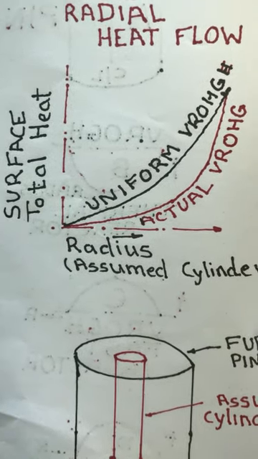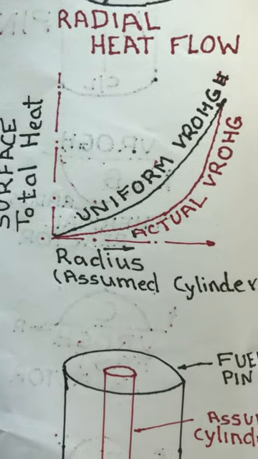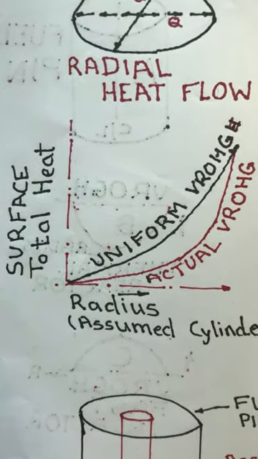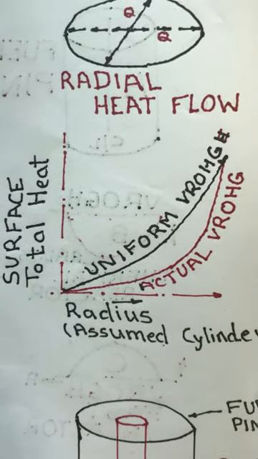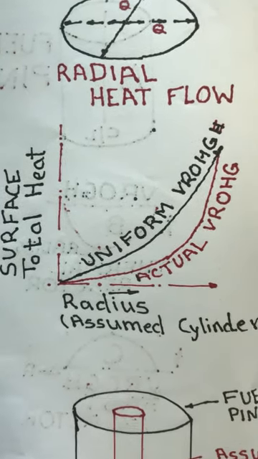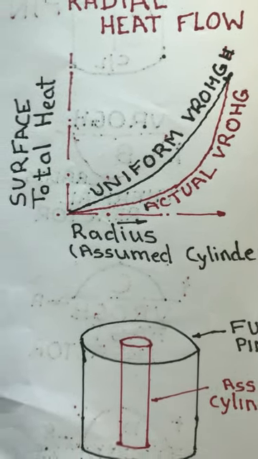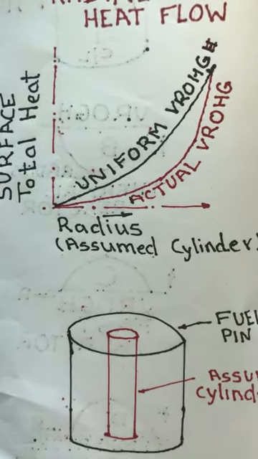You will find that in case of a thermal reactor, both the amount of heat flowing out of the surface start from zero and they end at the same point, because the total heat which is generated in the fuel in both the cases is same.